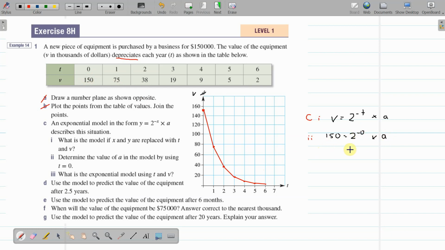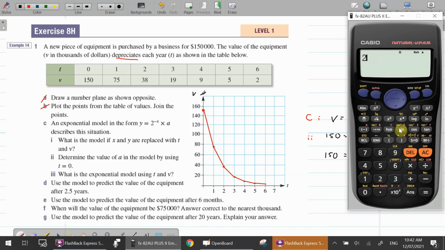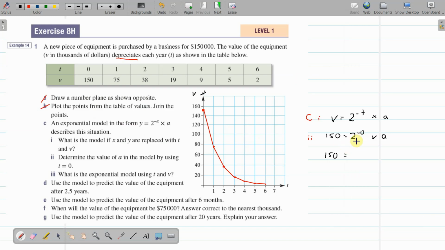Now, 150 equals, well, all of this, 2 to the minus 0, all of that just equals 1. That becomes 1 times a. Well, now we've worked out, looks like a is 150. That's the answer to part 2.